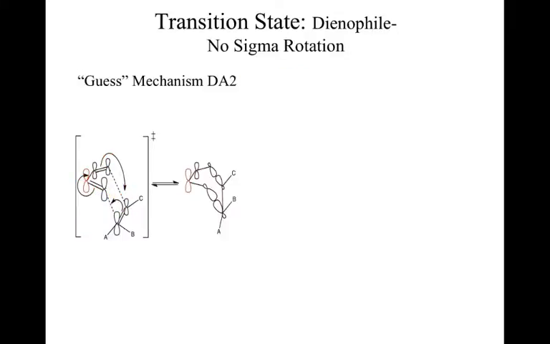Okay? The interesting feature in this is that while we may have formed a sigma bond, great, we may say, okay, well now let's take a look at the rotation of that sigma bond. Okay, well, but that sigma bond is now locked into a ring. The ring prevents rotation.